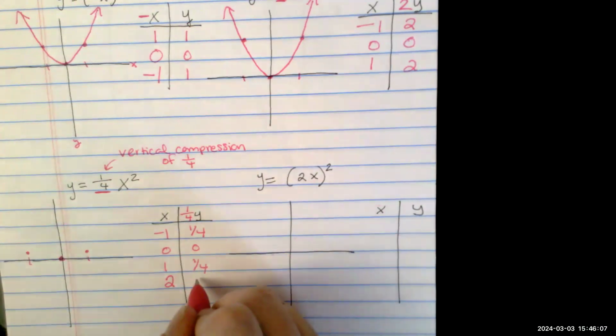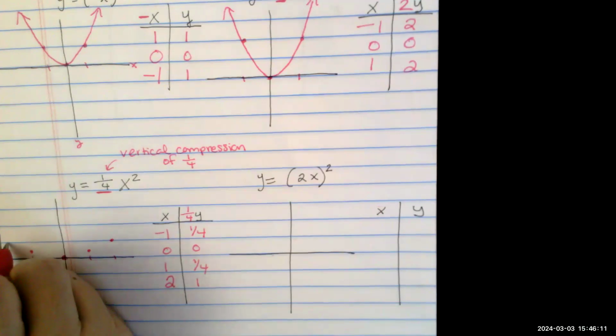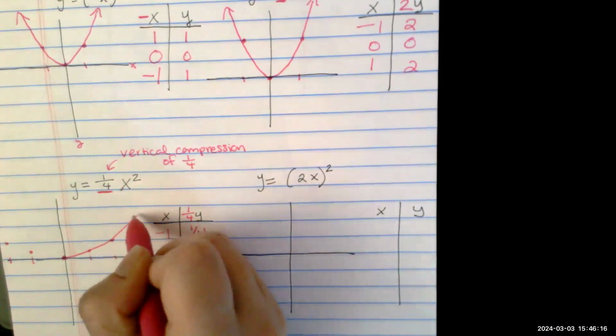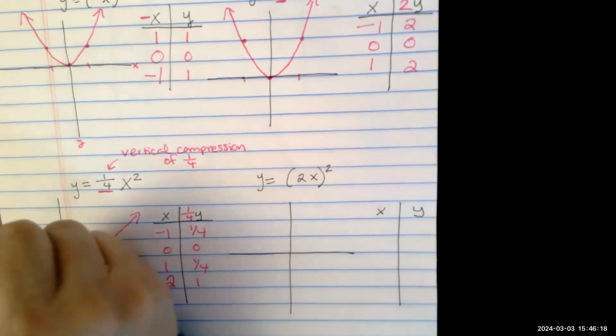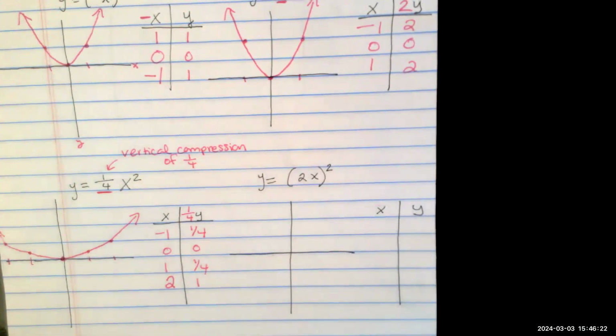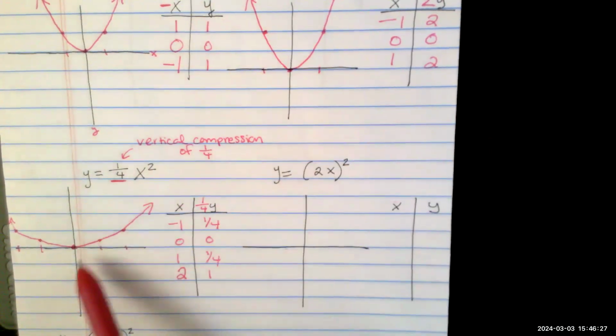So 4 times 1/4 would be 1. So just to get an idea, obviously that'd be the same on this side. So do you see why it's called a compression? Because now it's going up at a much lower rate and the graph has been kind of pushed down if we were thinking vertically. So big number stretches, small number compresses.